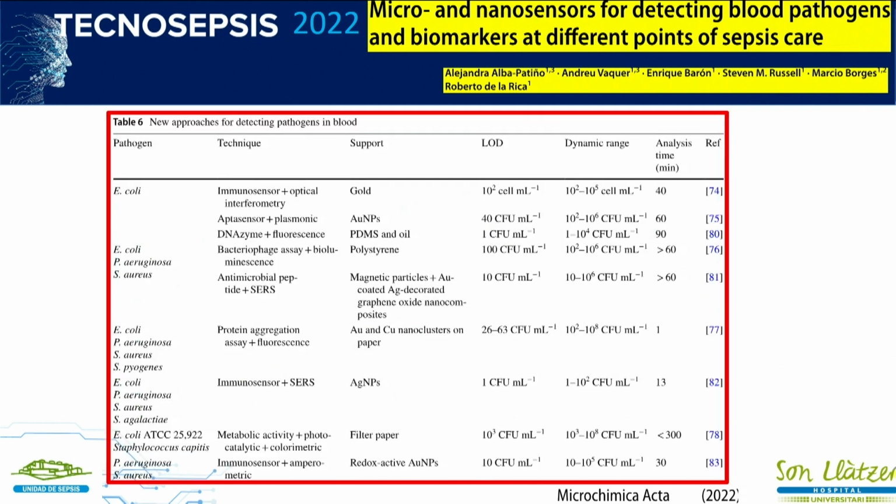So it's very, very important, this is a possibility: the fast diagnosis of different microorganisms, for example E. coli, Pseudomonas, Staphylococcus aureus, in very few minutes, and the possibility to identify the different mechanisms of resistance.